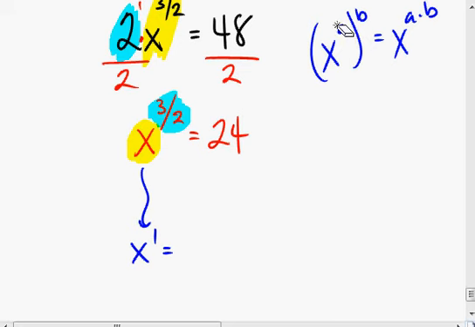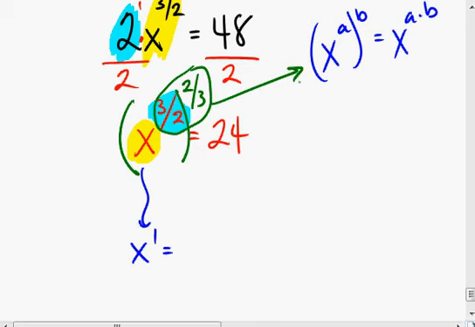This a times what b is going to, when I multiply them, make 1. And the answer is the reciprocal of 3/2. If I multiply this by 2/3, or raise this to the power of 2/3, then I'd be multiplying these two using this rule. 3/2 times 2/3 is 6 over 6, which is 1. So this is the inverse of this, cancels it out. We just have x to the 1st power, right?